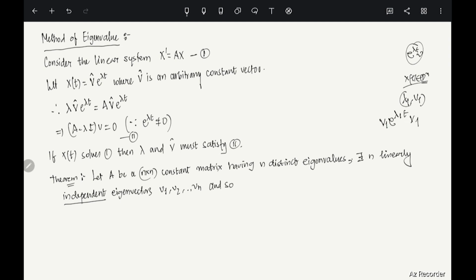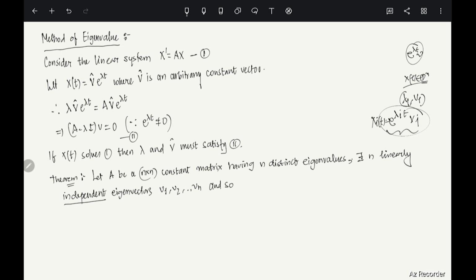This is a constant times a vector, and from the earlier calculation this will solve 1. If lambda 1 and v1 is an eigenpair of A, then this is one solution, x1 of t. Similarly for every i, xi of t is going to be this solution.